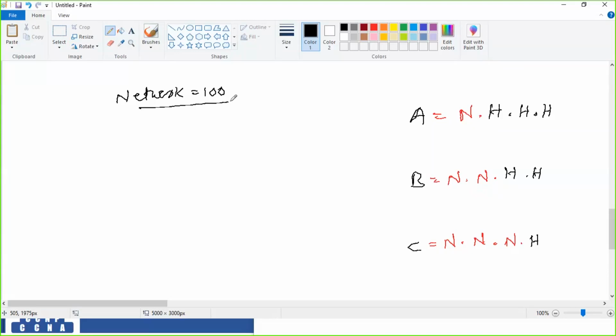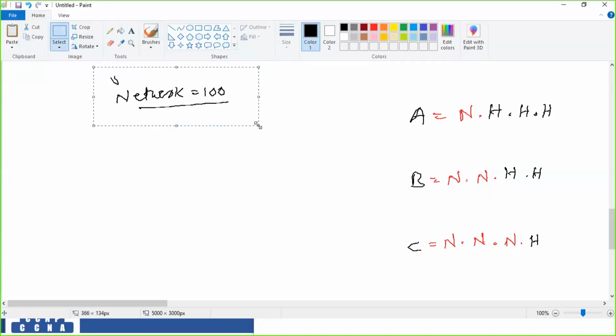We don't know how many networks are in class A. We know the first octet is the network portion, the first 2 octets are class B networks, the first 3 octets are networks in class C, but we don't know the number actually. Correct? Let us calculate how many networks in A, B and C.